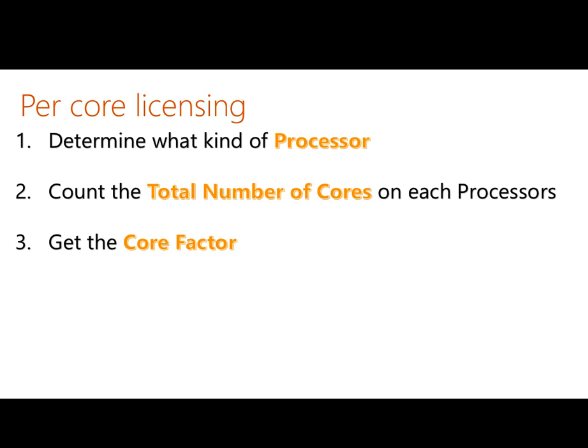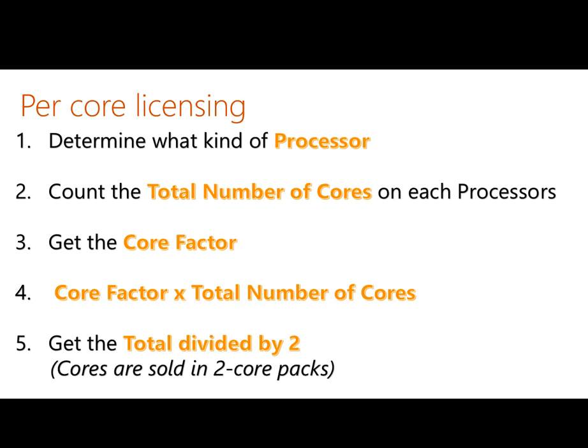To get the core factor, we need to determine what kind of processor. Next, we multiply the core factor by the total number of cores, and then we divide it by 2. The reason we divide it by 2 is because 1 per core license is equal to 2 cores.